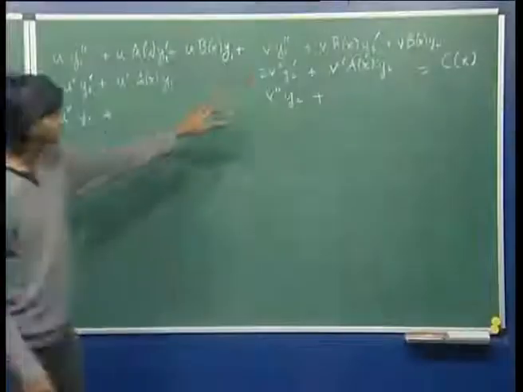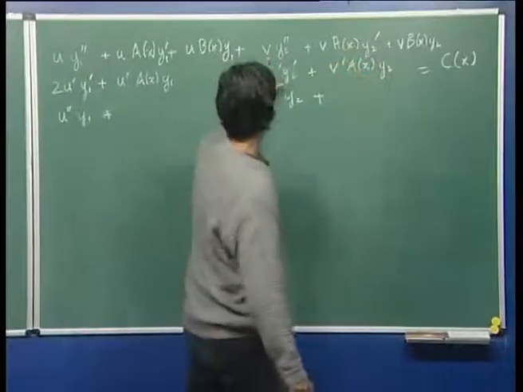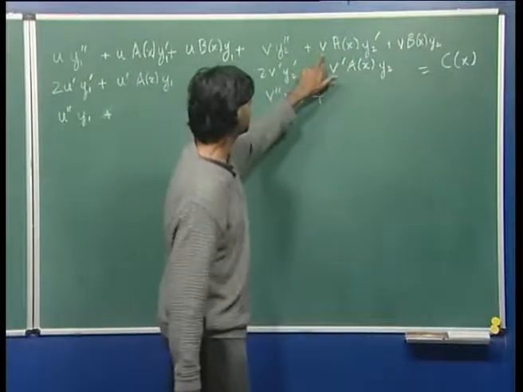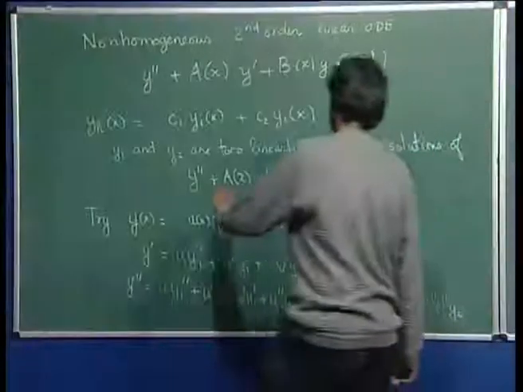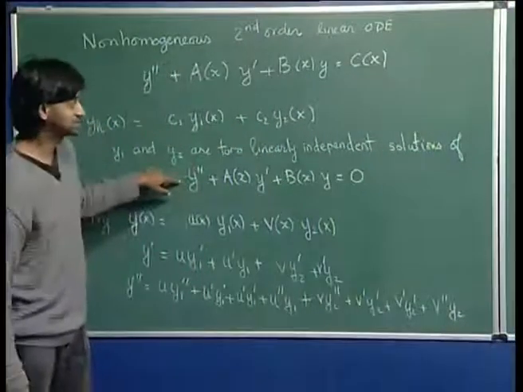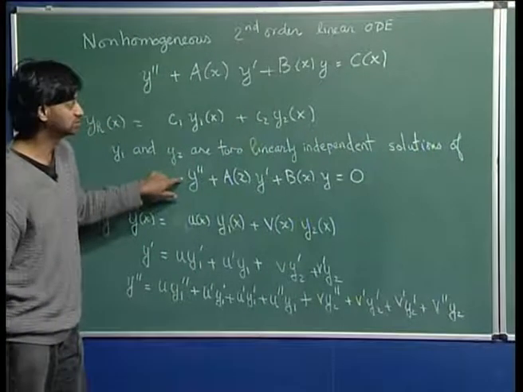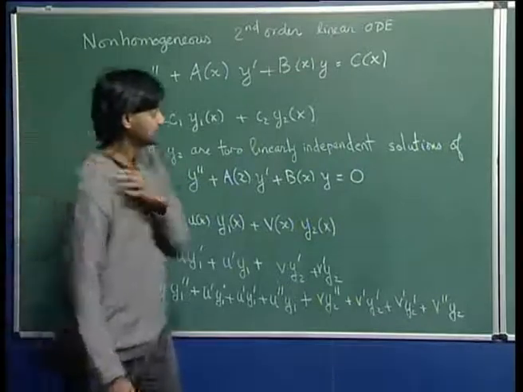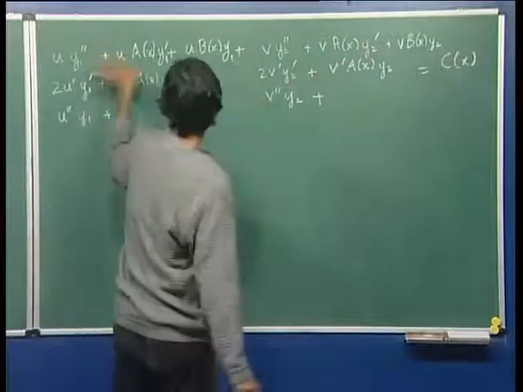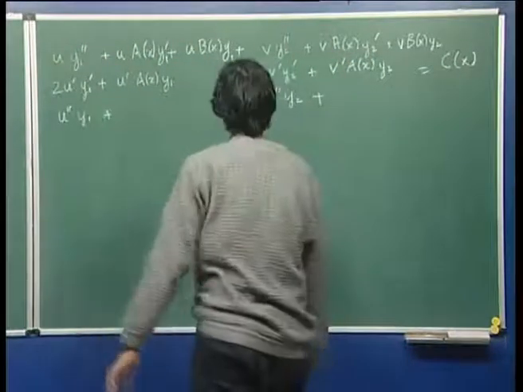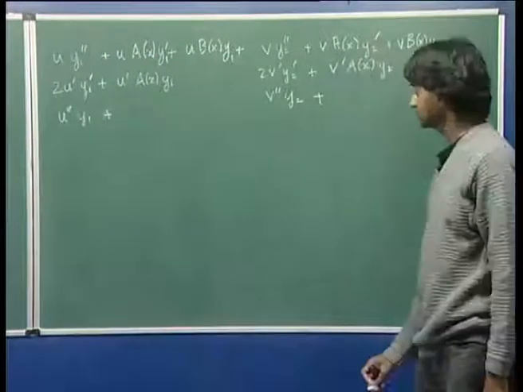Similarly, these three terms have v times y2 double prime plus a of x y2 prime plus b of x y2, and again since y2 satisfies this differential equation, those terms add up to 0. So what you immediately get out of this argument is that these 6 terms just go away and add up to 0.